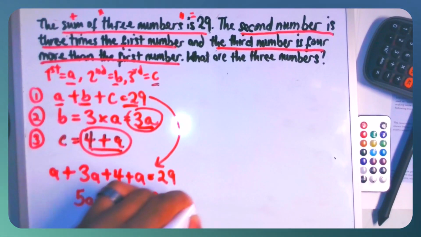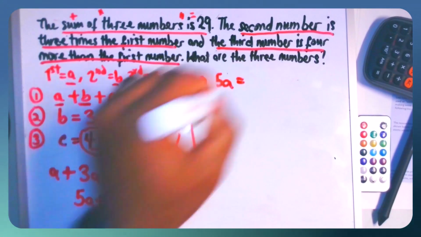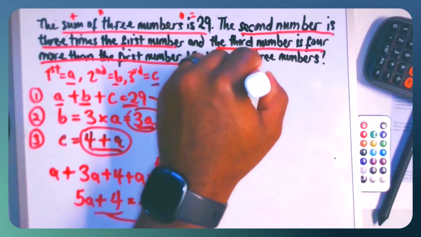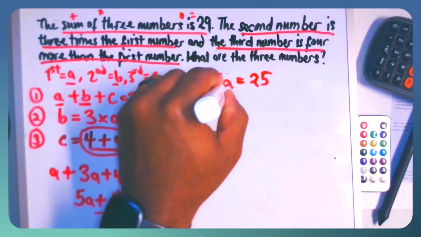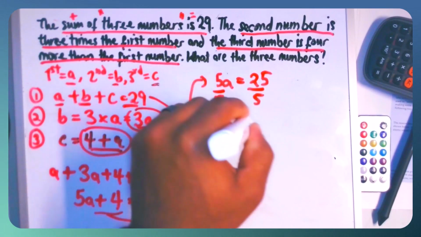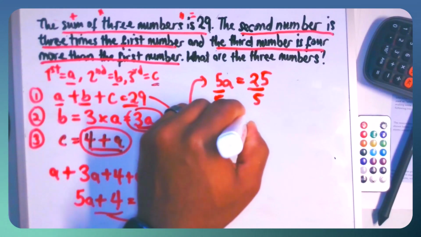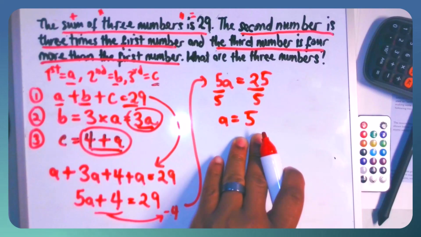And so on our next step, we have 5A equal to 29 minus 4, which gives us 25. The final step is to divide both sides by 5. And so once we have that done, we have A equal to 5. Therefore, our A is now known to be equal to 5.